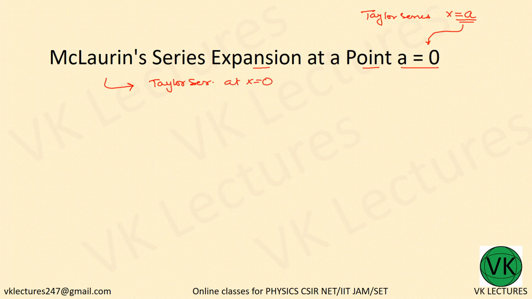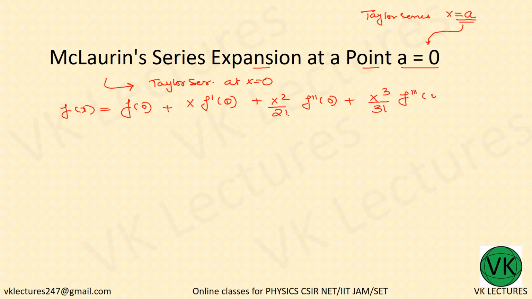This is also fine. So how will you write your f of x? f of x is equal to f of naught, instead of a you will write naught, plus x minus a, here a equal to 0, so x into f dash of 0 plus x square by 2 factorial into f double dash of 0 plus x cube by 3 factorial into f triple dash of 0. It goes on.